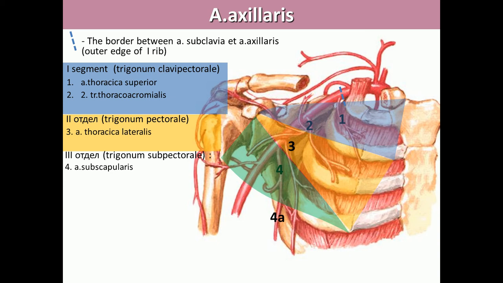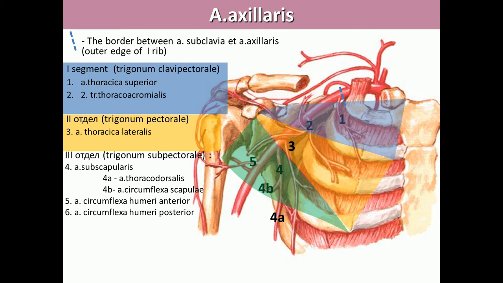It divides into arteria thoracodorsalis, number 4A, and arteria circumflexa scapulae, which we designate as 4B. Then we shall find arteria circumflexa humeri anterior, number 5, and circumflexa humeri posterior, number 6.